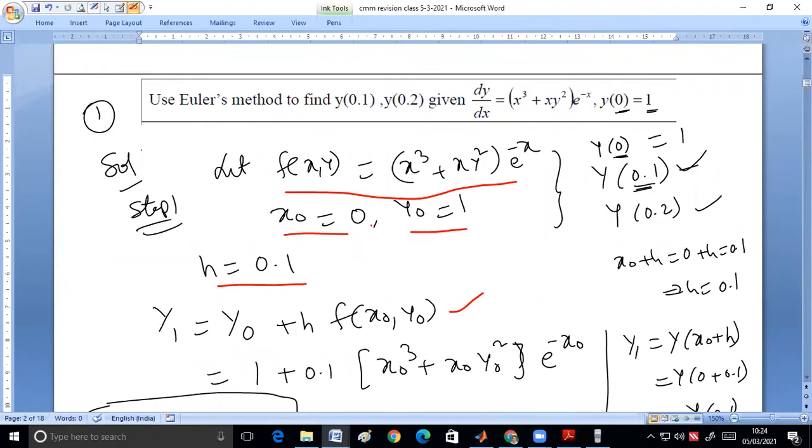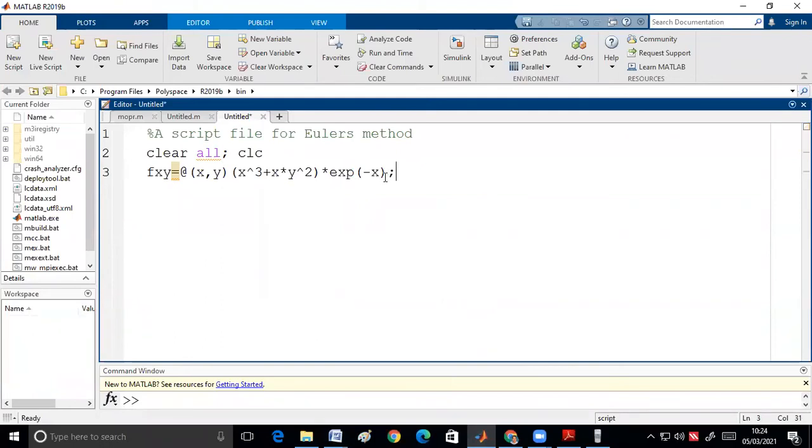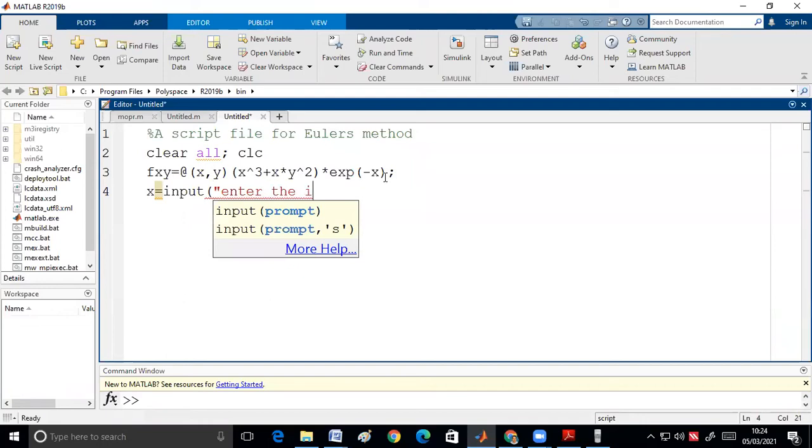Now, after giving this, what are the initial conditions? Semicolon. x value, I will write an input function: enter the initial value of x. Later I will replace all these things. I will also use \n.